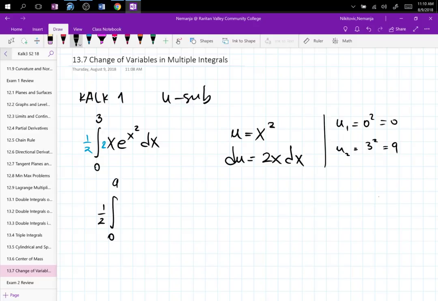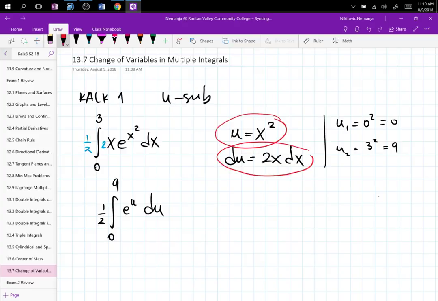We have the 1/2 in front, and then 2x dx is du, and then we have e to the u. So we have three transformations happening here: a transformation of the variable, transformation of dx, and transformation of limits.